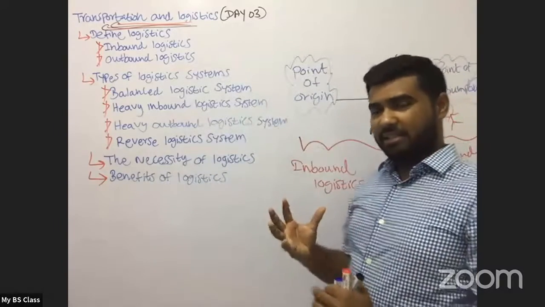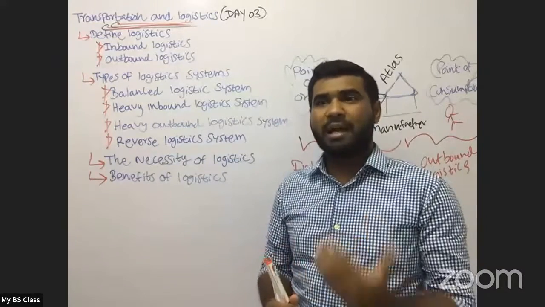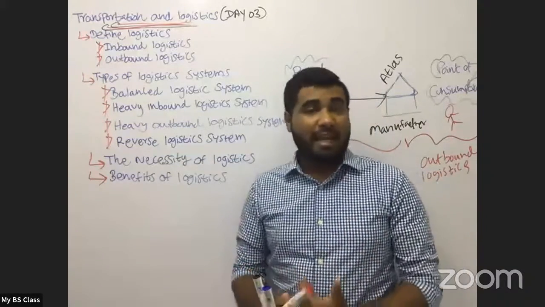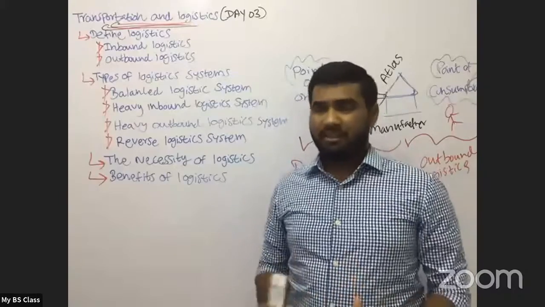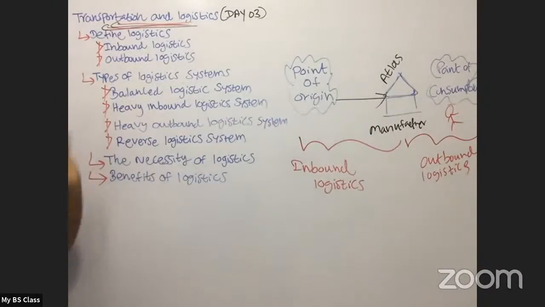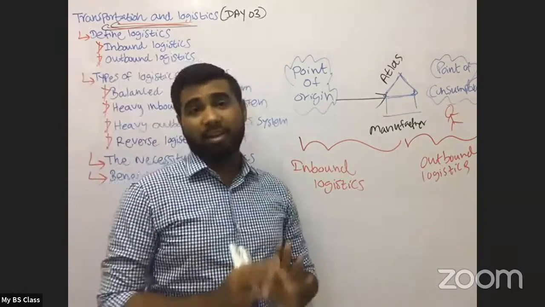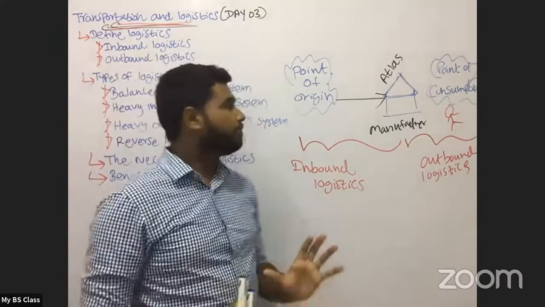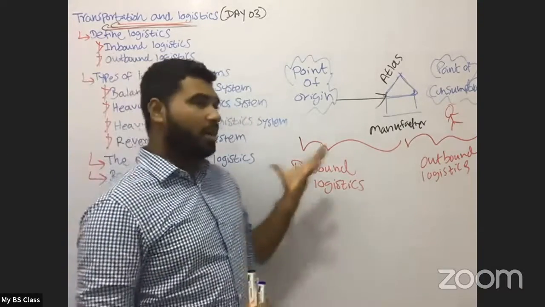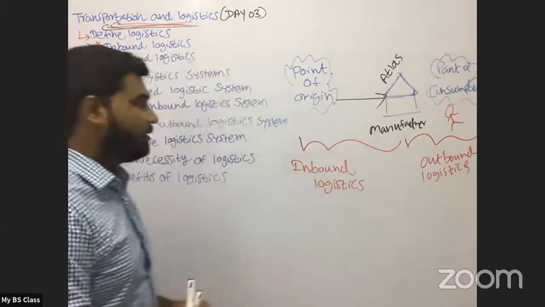When we define logistics, we divide it into 2, and based on those 2 criteria, we classify 4 logistics systems. I'll come to that part later. You see here, we call balanced logistics, heavy inbound, heavy outbound and reverse logistics. I'm still in the process of explaining the concept of logistics.